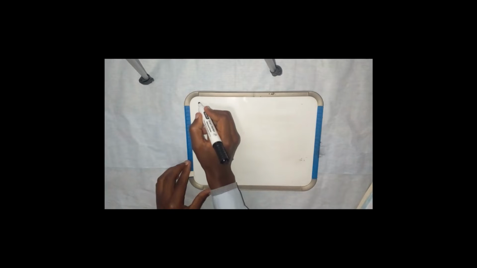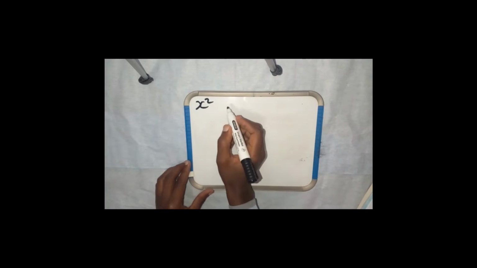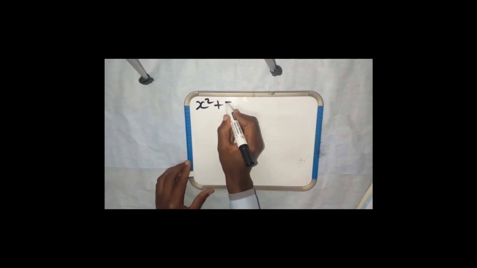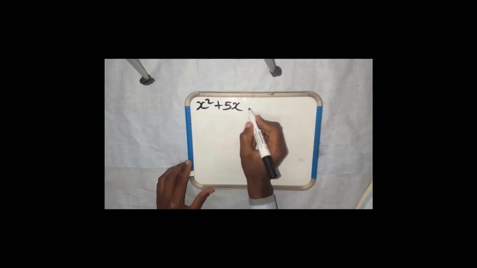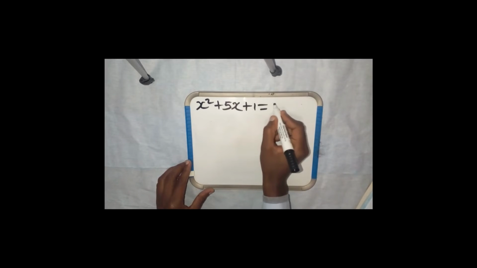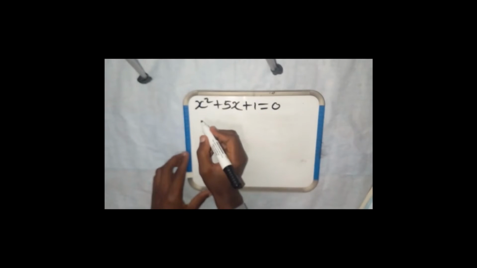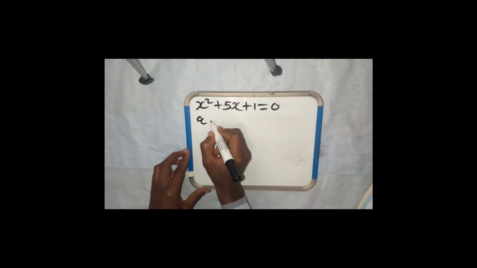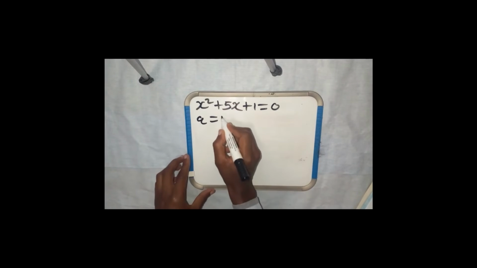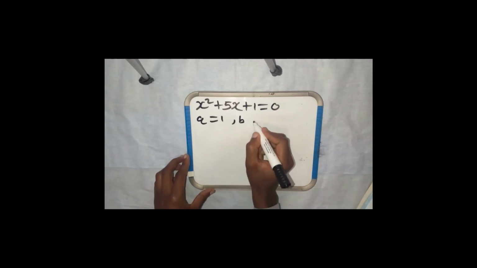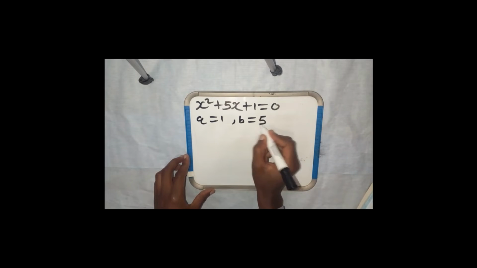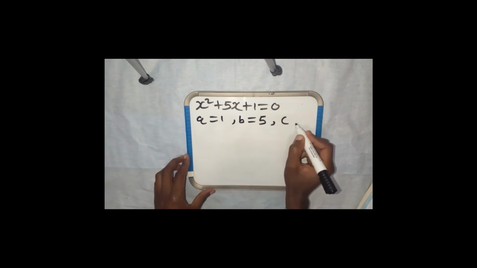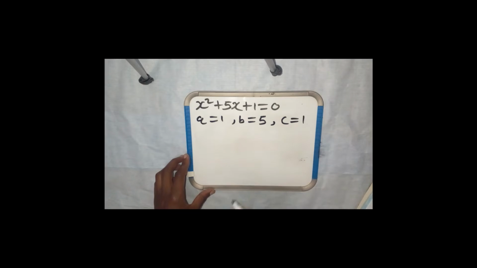Right, now let us solve the first one, which is x squared plus 5x plus 1 is equals to 0. Here it's very easy. You just need to write down a, which is equals to 1, b, which is equals to positive 5, and c, which is equals to 1.